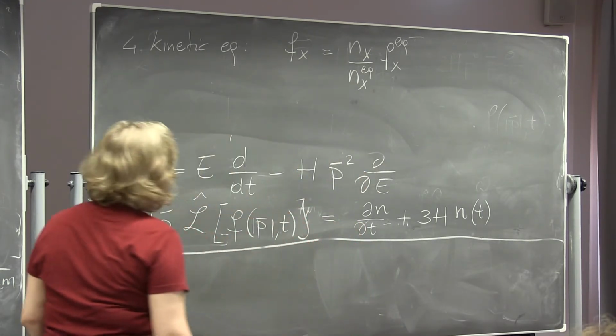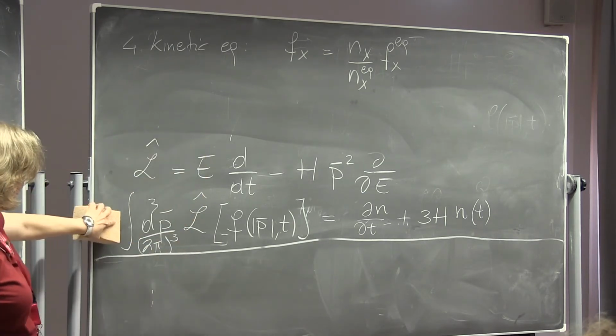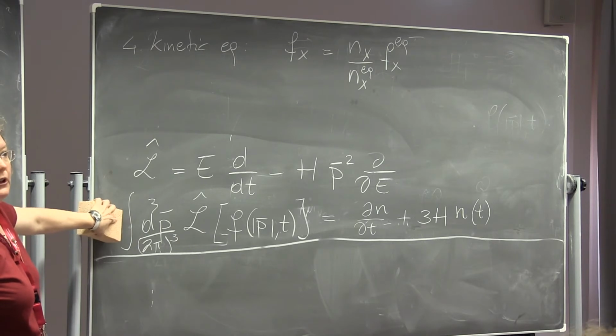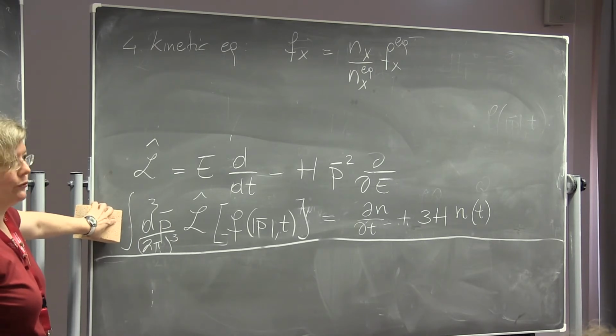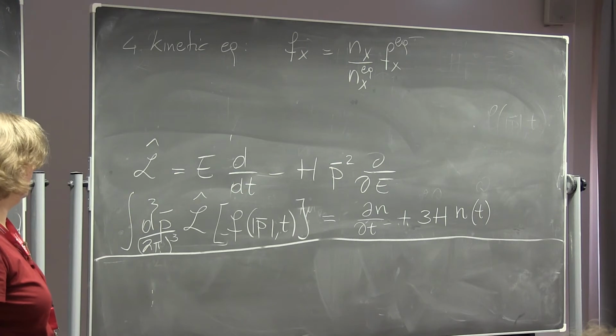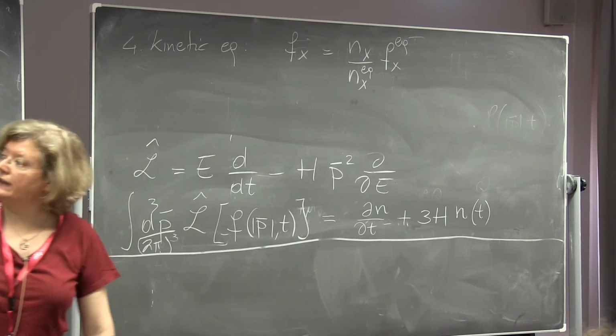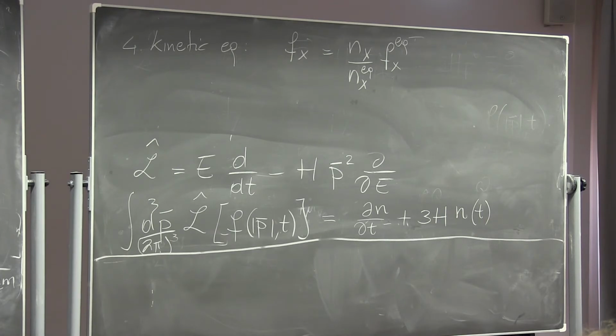So this means that if I can assume this, I can go back to the integrated Boltzmann equation, which would be also called the first moment of the Boltzmann equation, where you just integrate the Liouville operator, and you also integrate the collision integral.